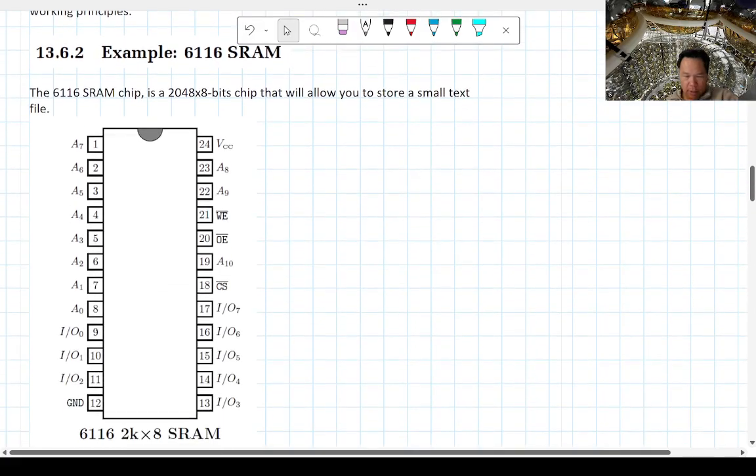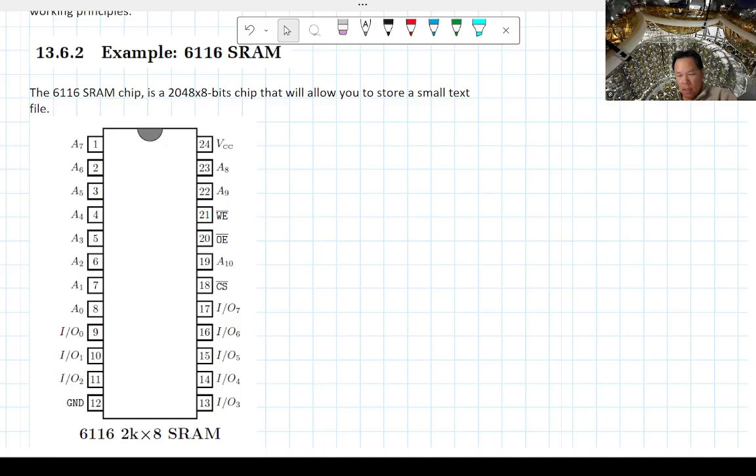More examples. So this 6116 SRAM, the S stands for static. We're gonna see there's a slight difference from what we just talked about. The static RAM is 2 kilobytes by 8 bits, meaning it has 2 kilobytes.